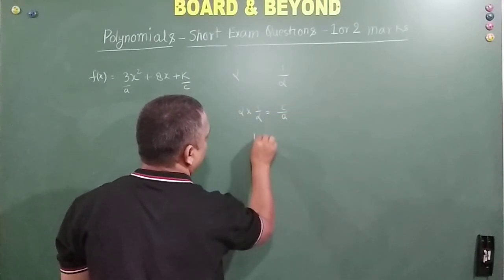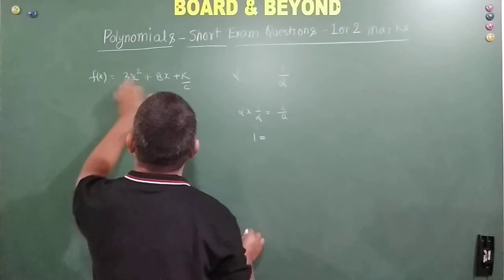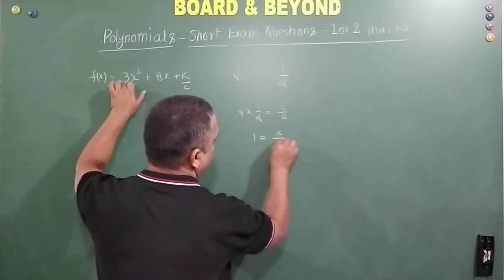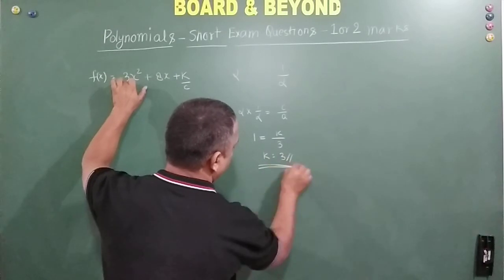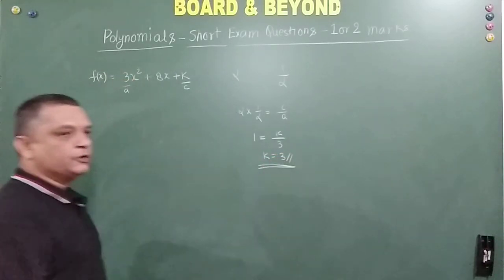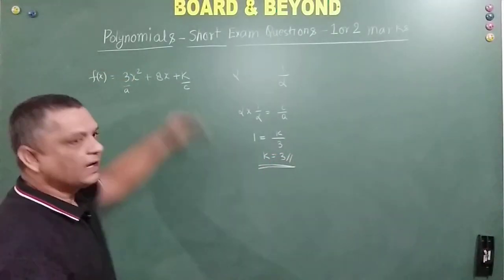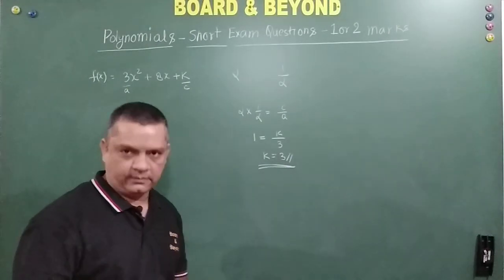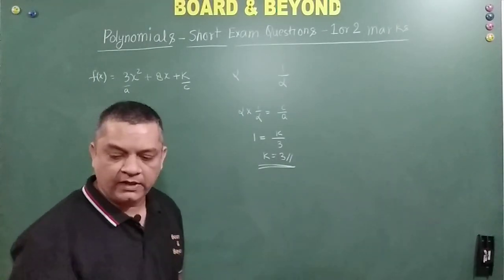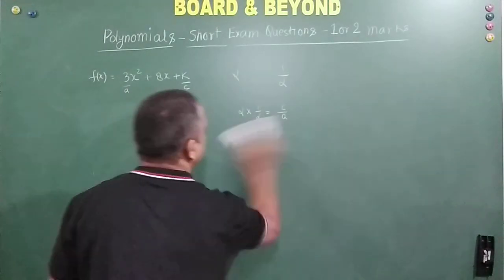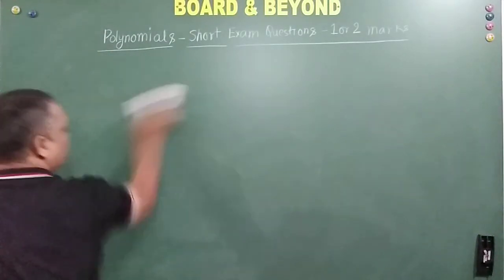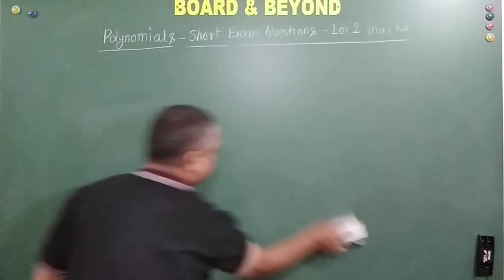So 1 is equal to c by a, that is k by 3. So k is equal to 3. Please don't get into doing alpha plus beta, because we need to solve it fast. So this was one more question. Let's move on to the next one.